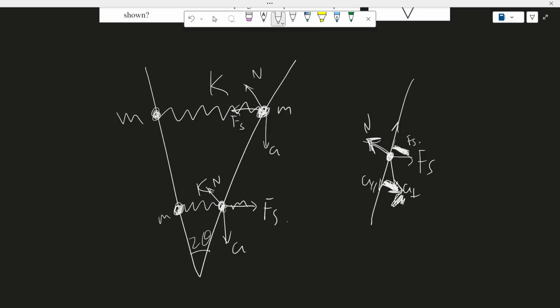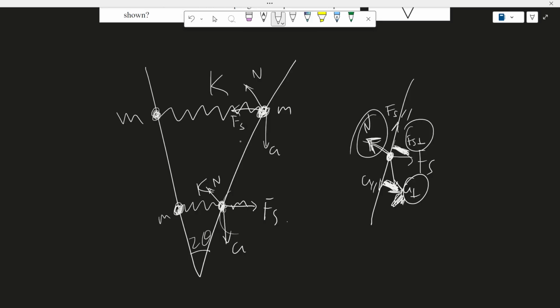So that'd be F_s perpendicular and F_s parallel. All the normal force is doing is balancing out the sum of these two perpendicular forces. So it really isn't doing any net work, it's just canceling them out. That's why we say the normal force isn't making this mass go up. At this point, it is the spring force that is making the mass go up. And at this point, it is the spring force and the gravity that are trying to pull the bead back down.